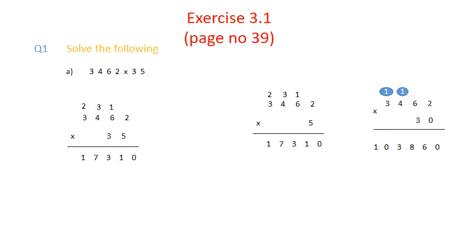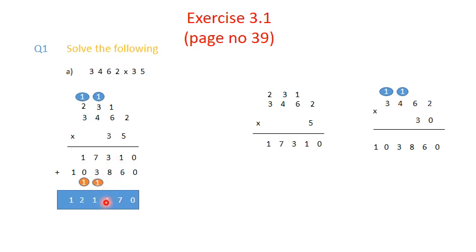Now this encircled one we are going to write on the top of this, and this answer we will write down below this. Okay, now what we are going to do, we are going to add these two numbers. This is 5 and this is 30. 30 plus 5, 35. So we'll add. Okay, so you got here answer 0 plus 0 is 0, 6 plus 1 becomes here 7, 8 plus 3 is 11.